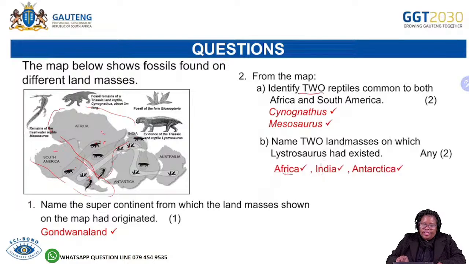And then India. Where is India? This is India. And then we've got Antarctica. So name 2 land masses on which Lystrosaurus had existed. So you look at the places where we find the Lystrosaurus. So any 2 of those will be correct. Okay.